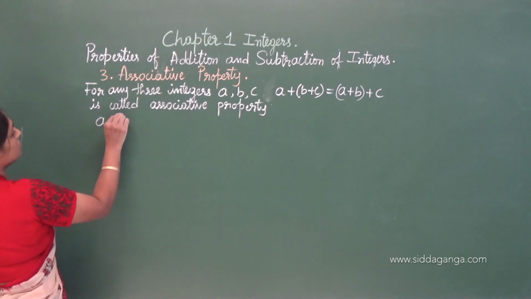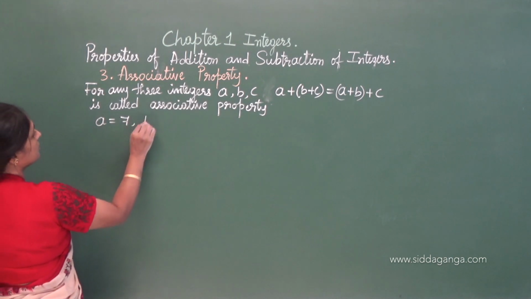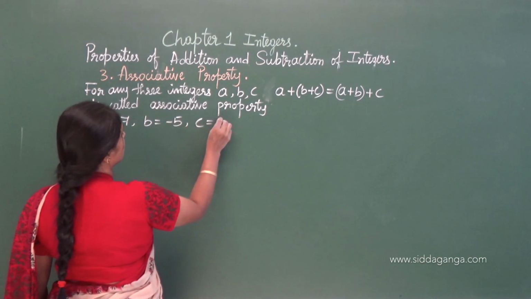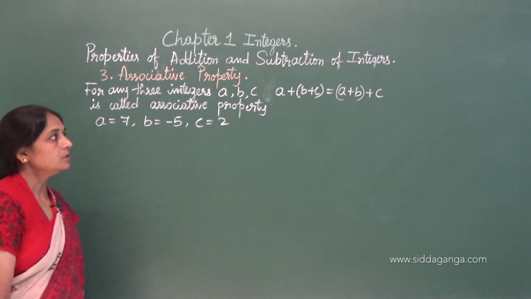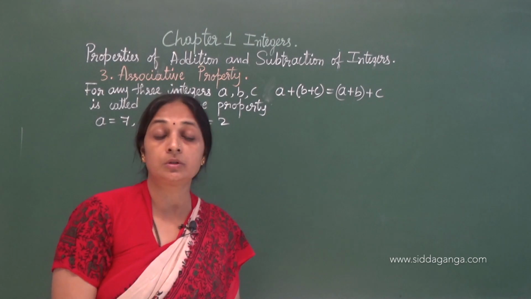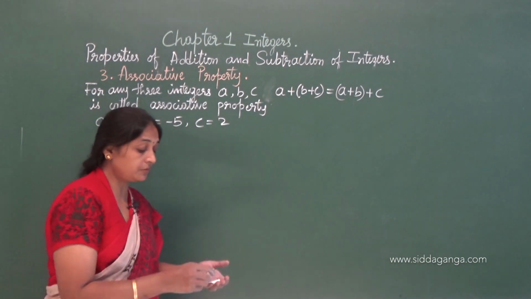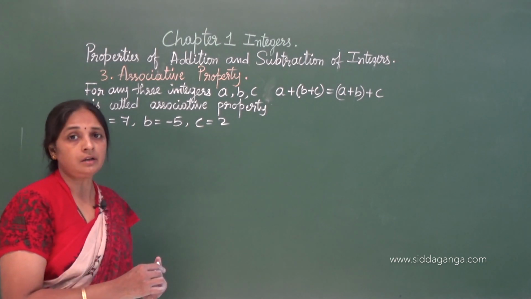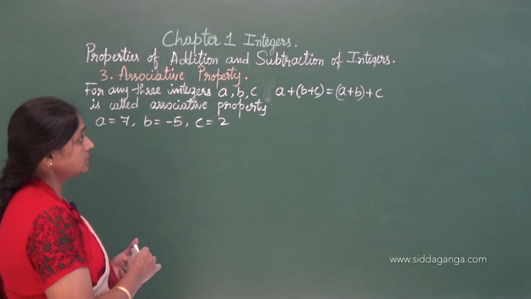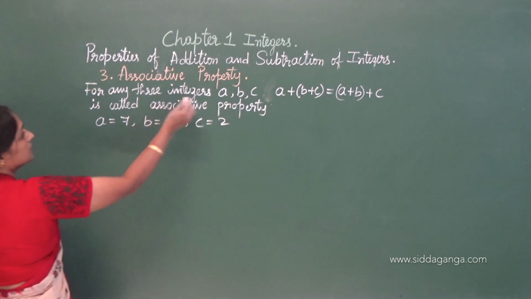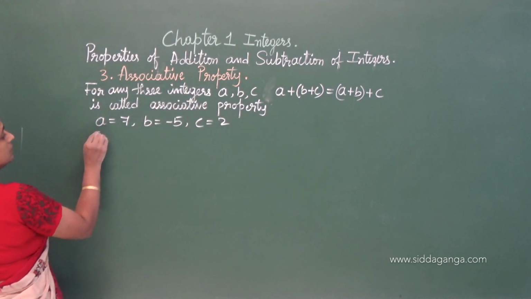A is equal to 7, B is equal to -5, C is equal to 2. So here we should take both types of integers, that is a positive integer and negative integer. We should consider two types of integers. So what is the condition they have given?